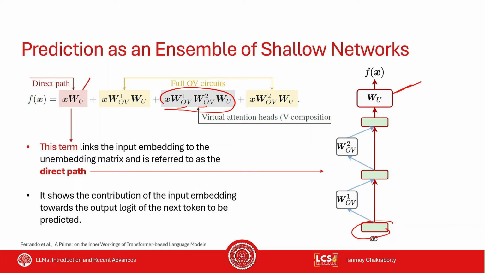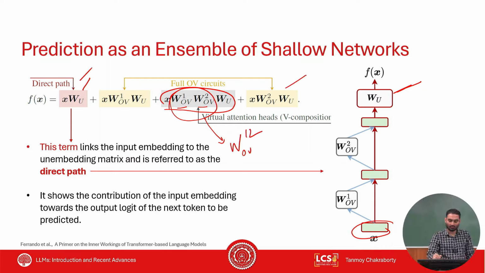Because this is ultimately a matrix multiplication, this is called a virtual attention head, because you can think of a single virtual attention which encompasses both the attentions. So you can replace this by something like OV12. So: direct path, full OV circuits, and virtual attention head. This virtual attention is also called V composition. These are all fancy terms.